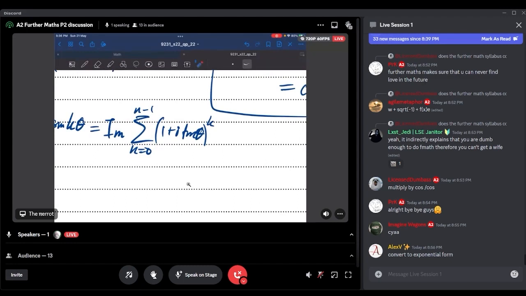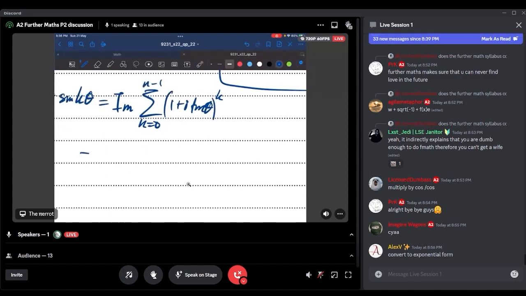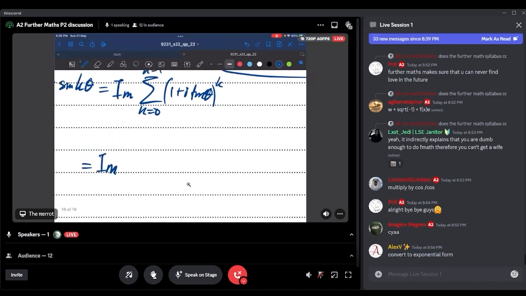So don't forget to bring the imaginary part operator down here. And then do the thing: (1 plus i tangent theta) power n minus 1, over 1 plus i tangent theta minus 1. And the 1 and minus 1 will cancel, so I can just delete them. Okay?